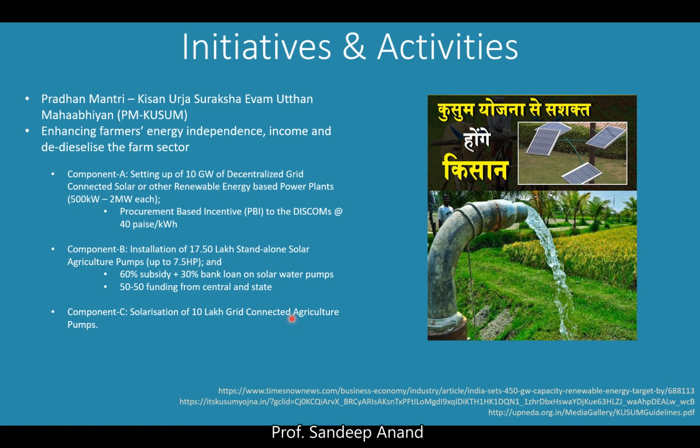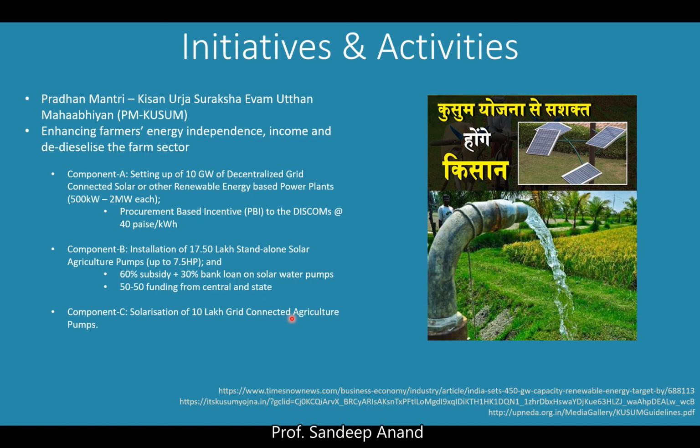As of now, most of the farmers use diesel-based water pumping systems, right? And for lighting and other things also, there is usually burning of kerosene or other forms of lamps which are used at quite a few places.